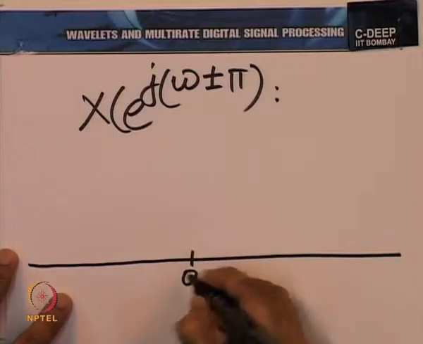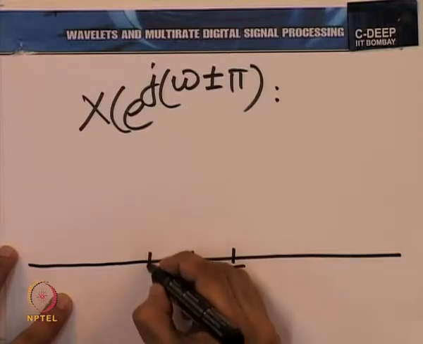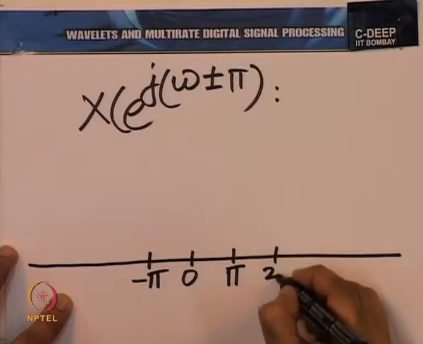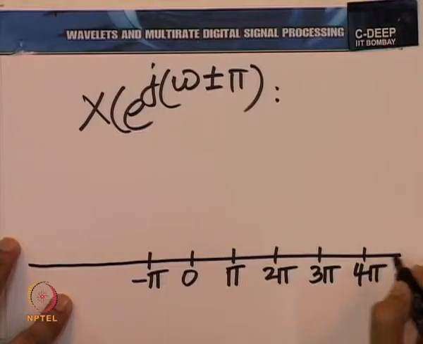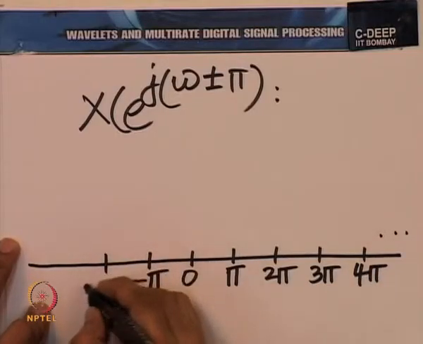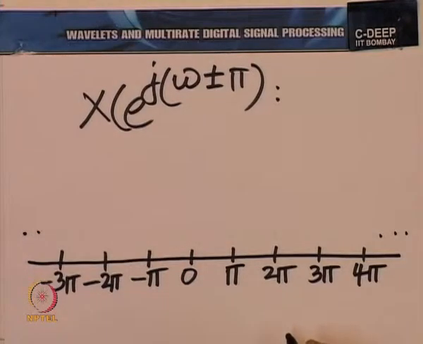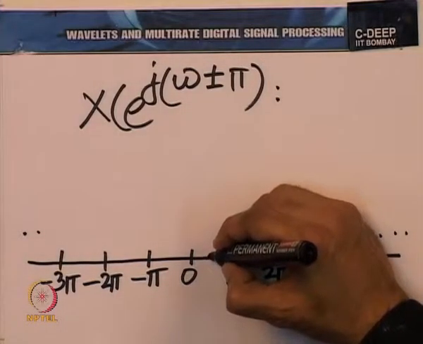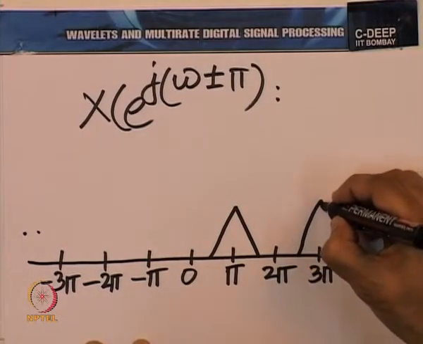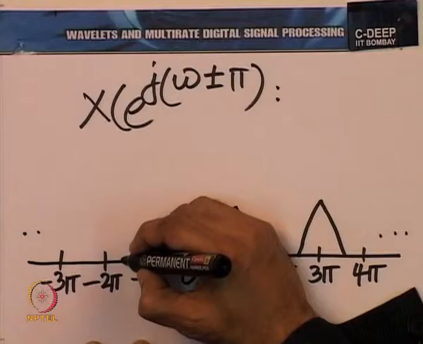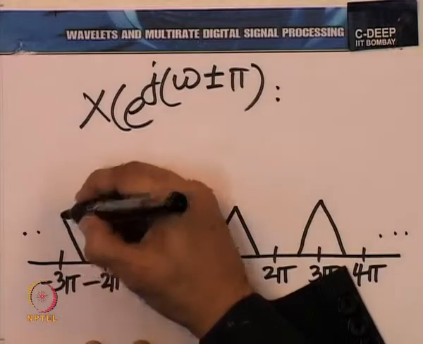Again, we shall do a bit of zooming here, and so on. So, now your triangles are around pi and then 3 pi and so on, and here around minus pi and then minus 3 pi and so on.